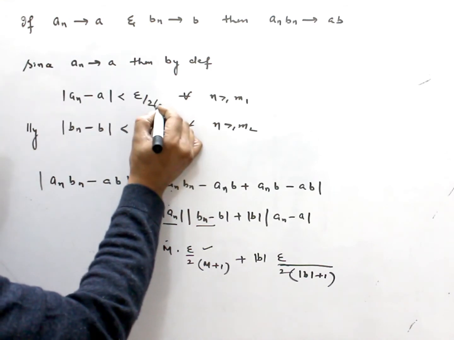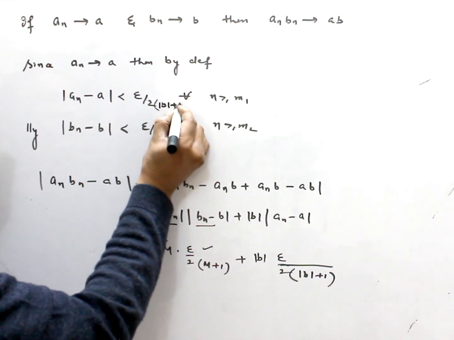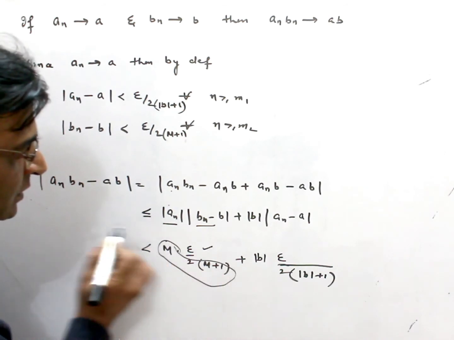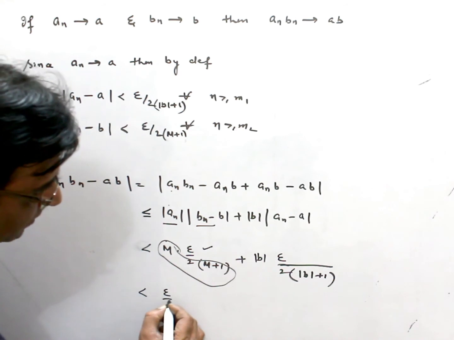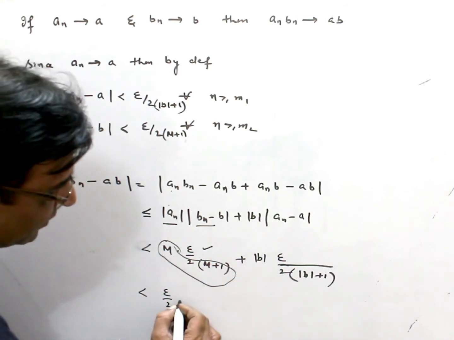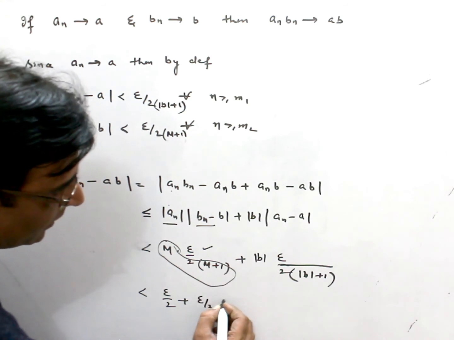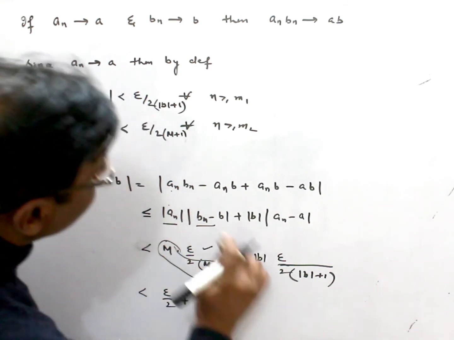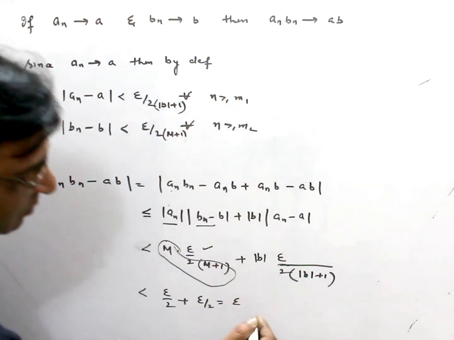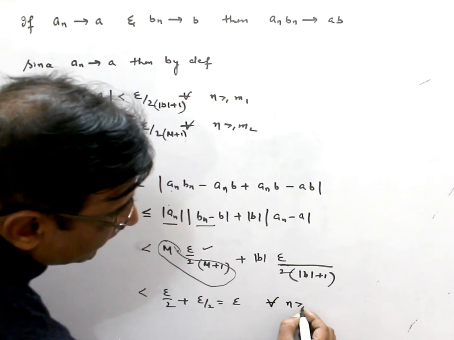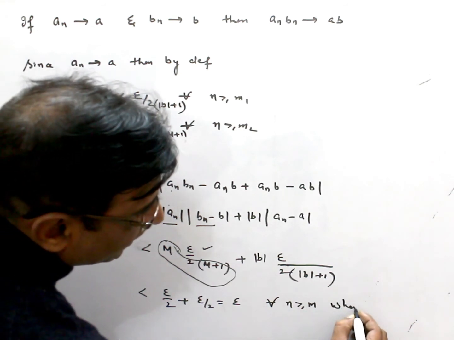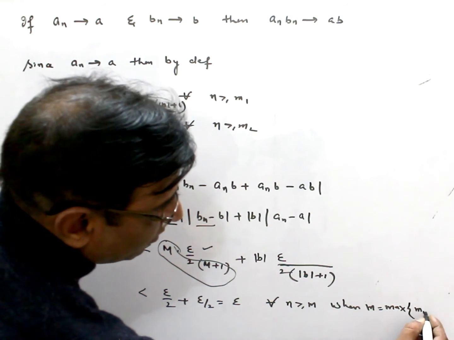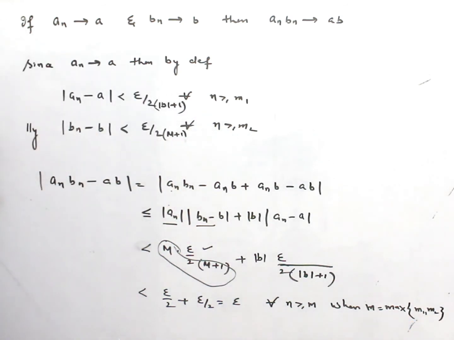Now you see, this is less than epsilon by 2, and the same for this, that means this is epsilon, and I have to take, because this is after m1, this is m2, for all n greater than m, where m is the maximum of m1, m2.